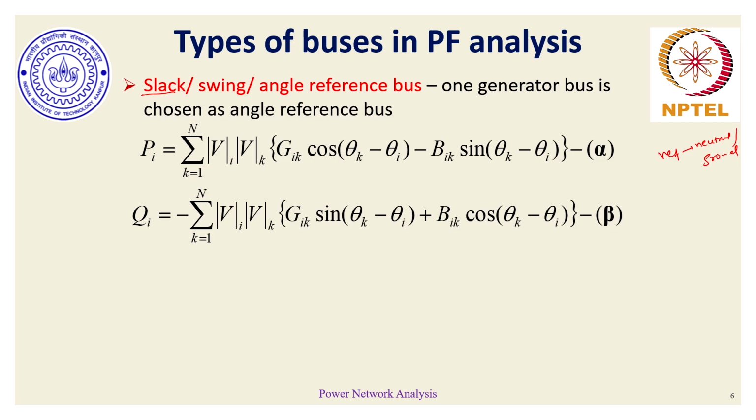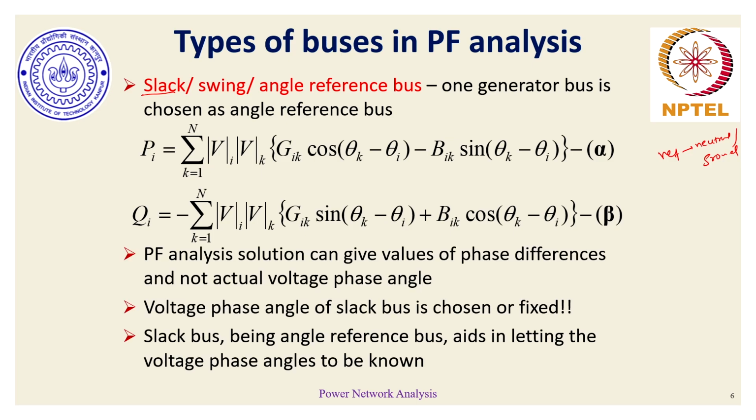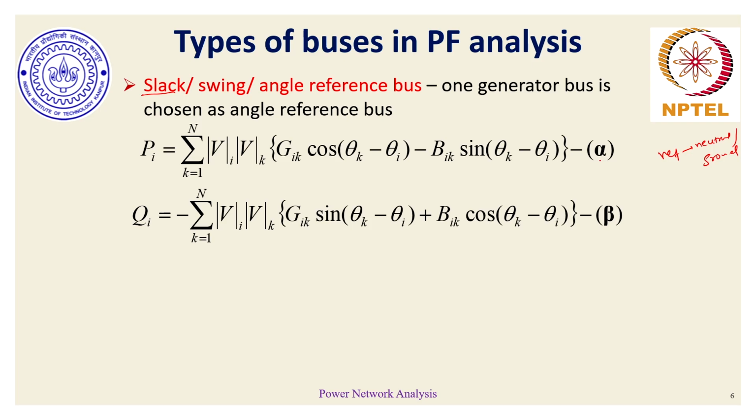But if we look a bit more specifically at the alpha and beta equations and think of the arguments of the sine function and the cosine function, both these arguments are the same number, which is essentially the difference of voltage phase angles of two connected buses.